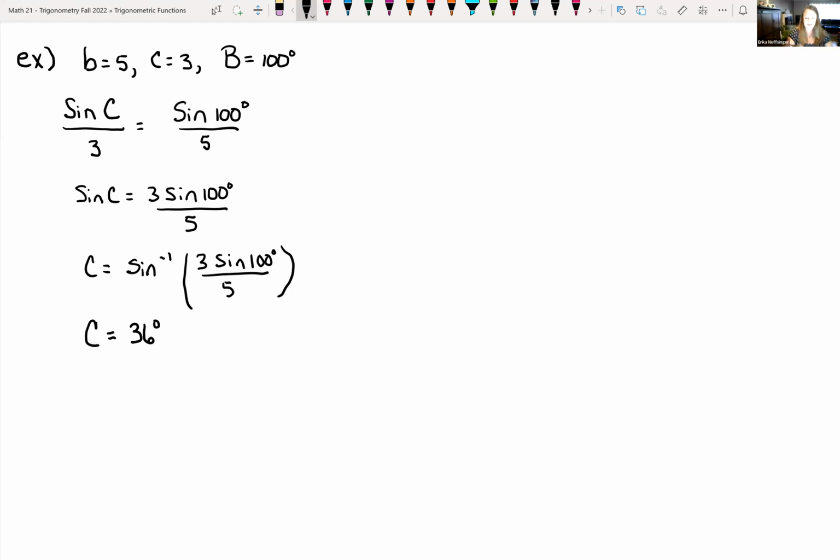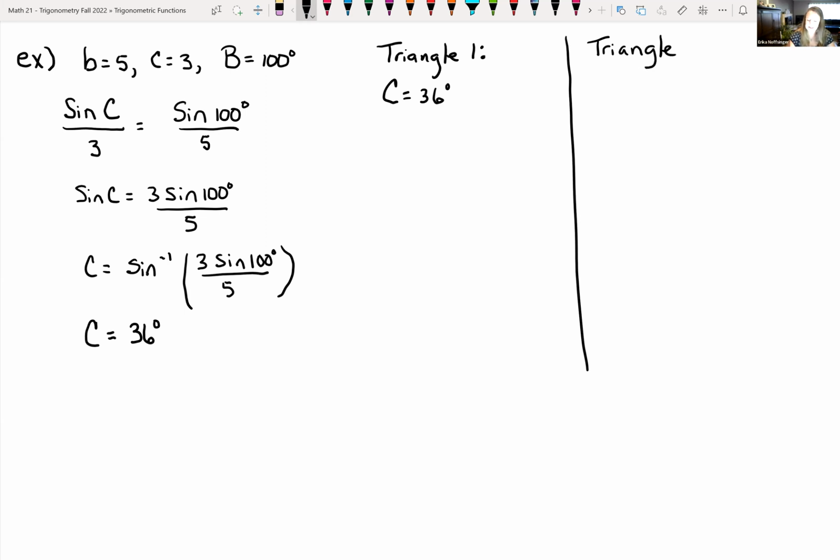So this is again triangle 1. I have angle C is 36 degrees. It's possible though that we were in the second quadrant instead of the first quadrant, because sine is also positive in that second quadrant.